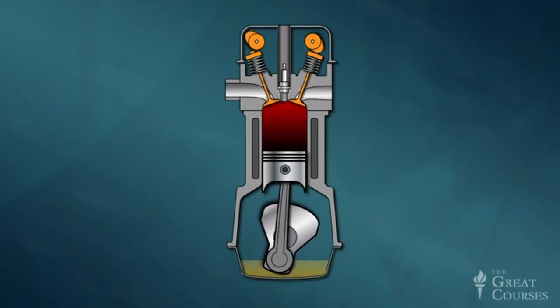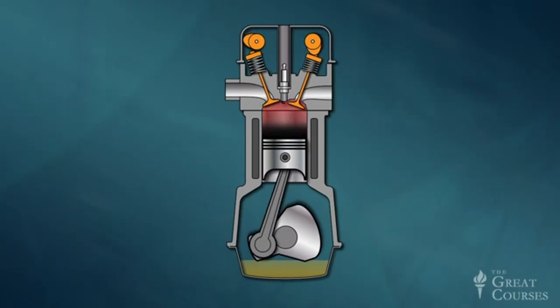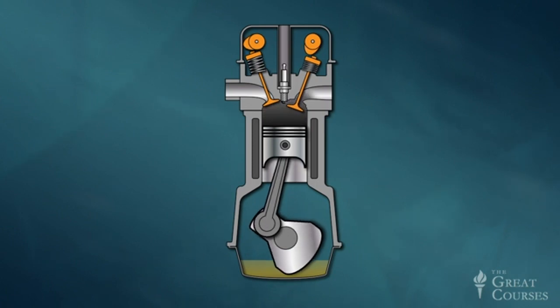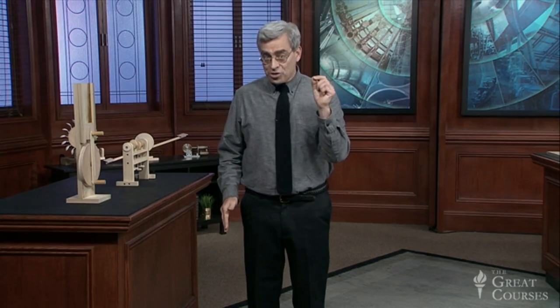For this reason, the Otto cycle can only approximate the behavior of an actual internal combustion engine. In modern automotive engineering practice, the quantitative analyses of internal combustion engines are generally conducted with complex computer simulations. Nonetheless, the Otto cycle still holds great value for qualitative analyses of engine performance, which is precisely how we'll use it today.